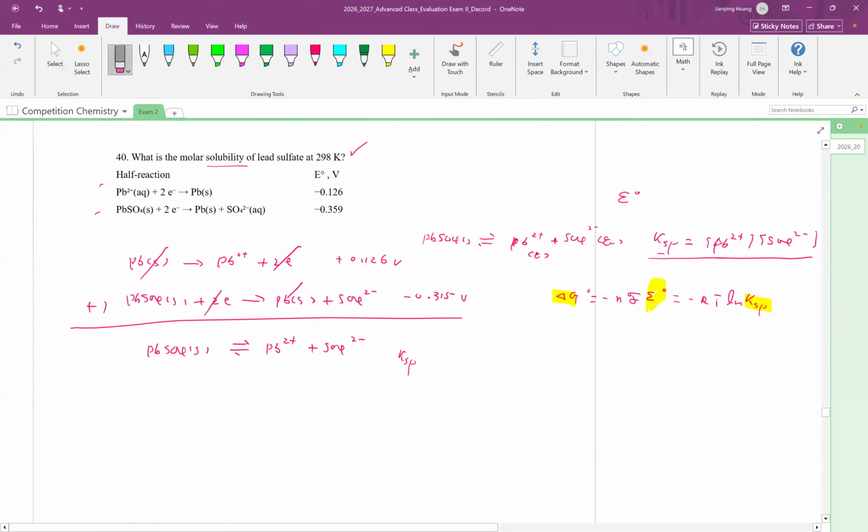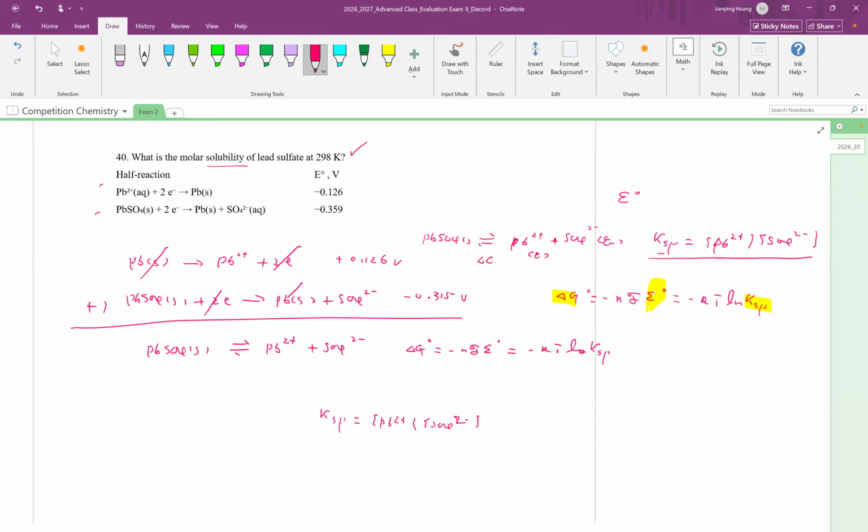Now I'm going to write in a different place. Okay, that should be Ksp, Pb2+ times SO4 2-. Now what here? You just need to find delta G equals minus nF epsilon, equals minus RT ln Ksp. Now how can I do that?